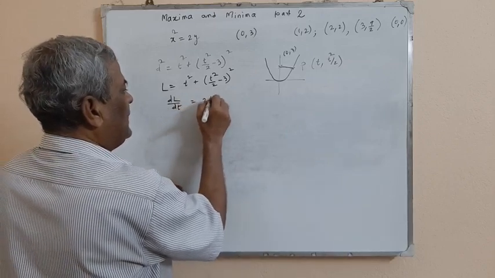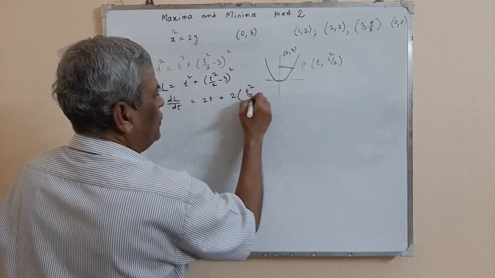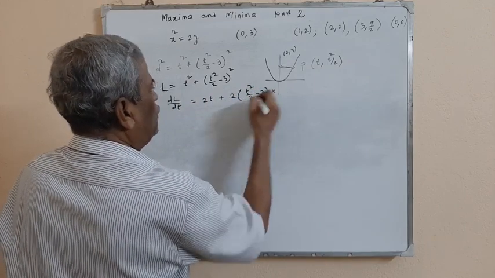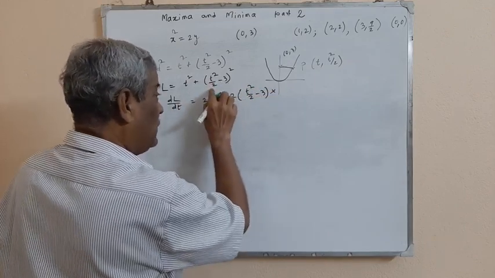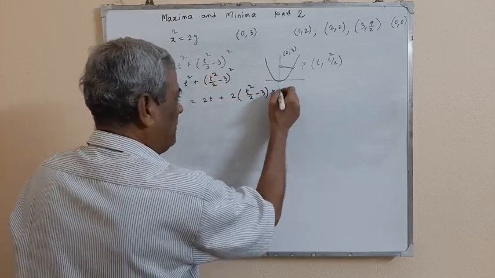It is equal to 2t plus 2 into t square by 2 minus 3 into the derivative of that, which is 2t by 2, into t.